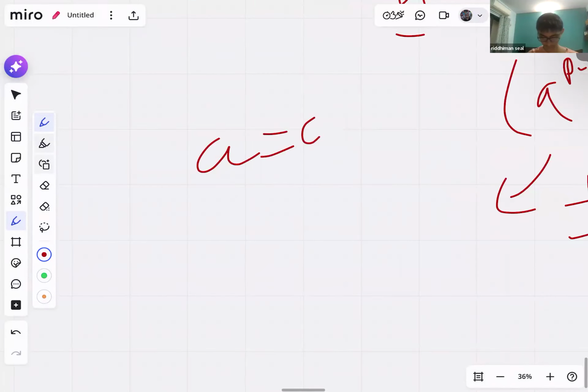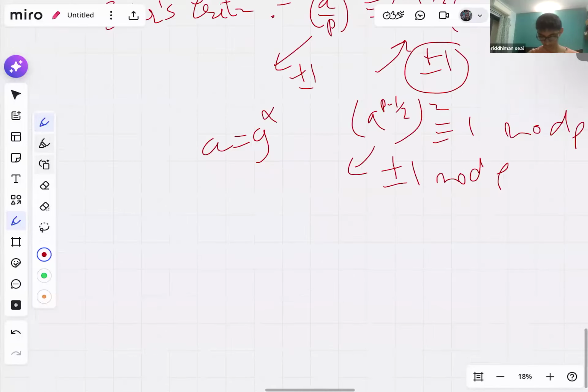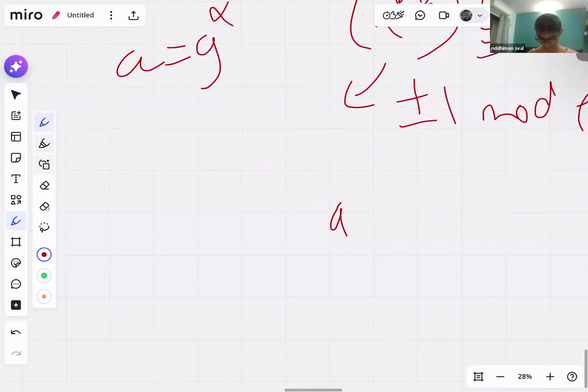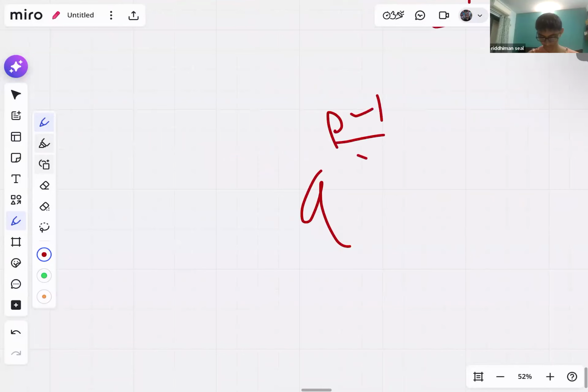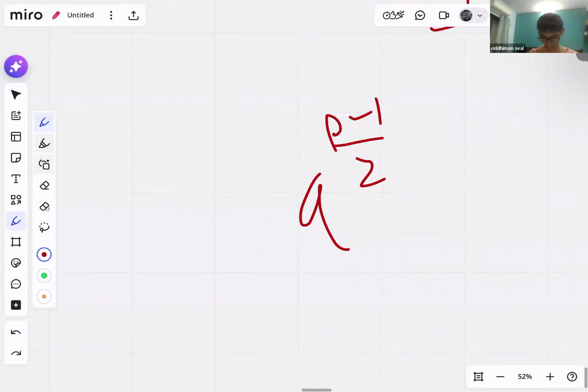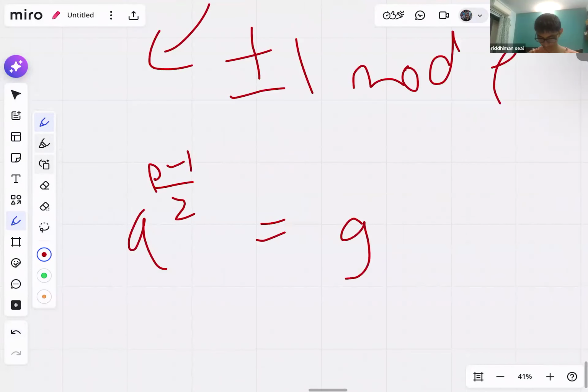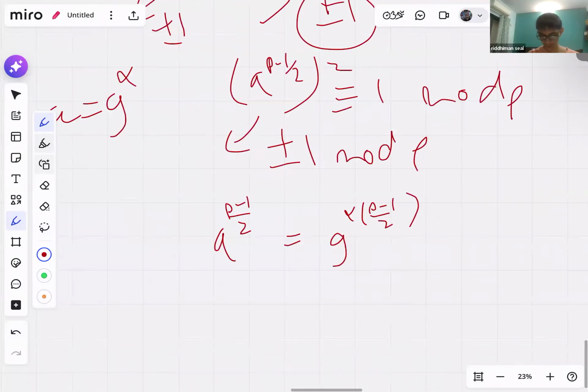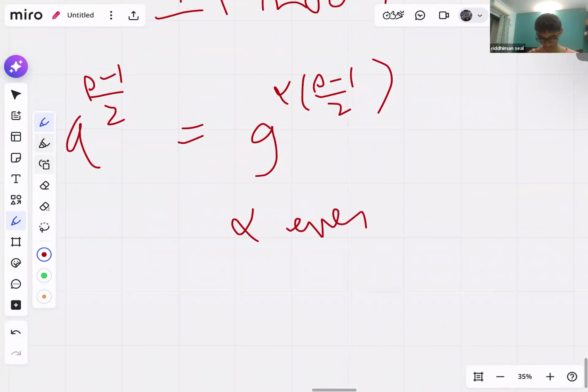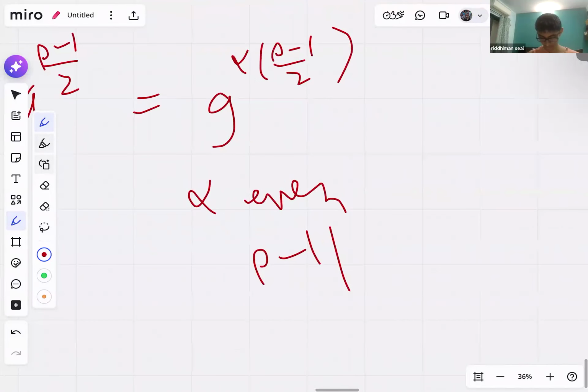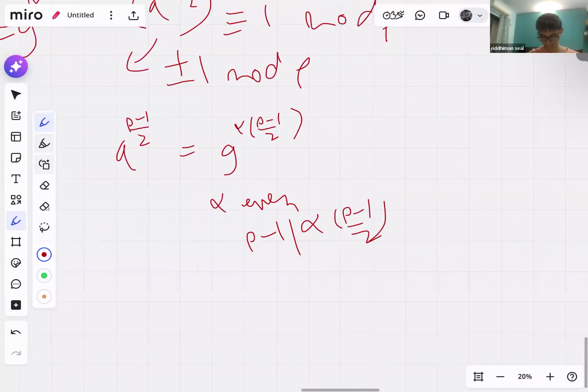So you write A is just like G to the alpha, and then A to the P minus 1 by 2 is just G to the alpha into P minus 1 by 2, right? And if alpha is even, then this quantity is divisible by P minus 1, so this becomes 1.